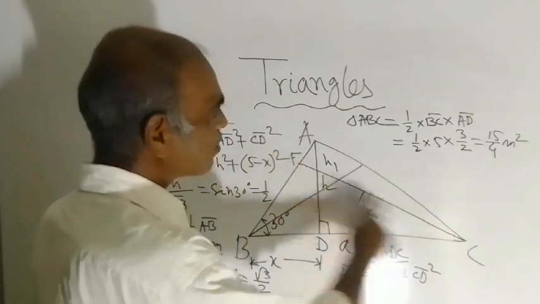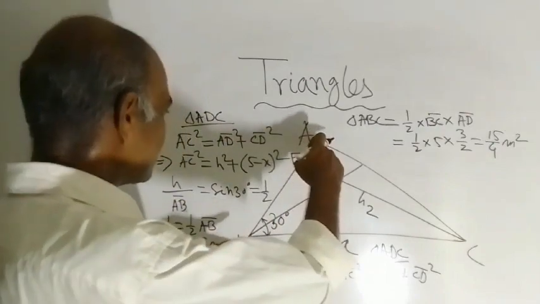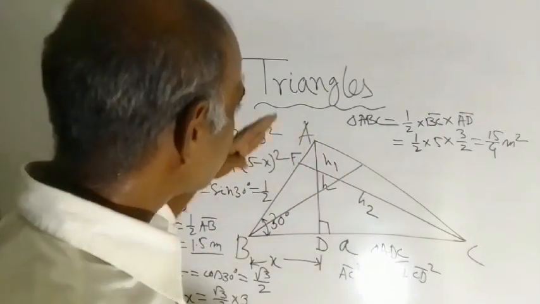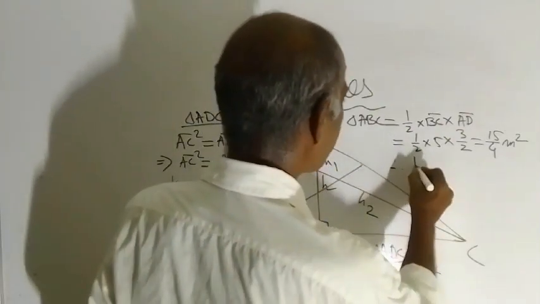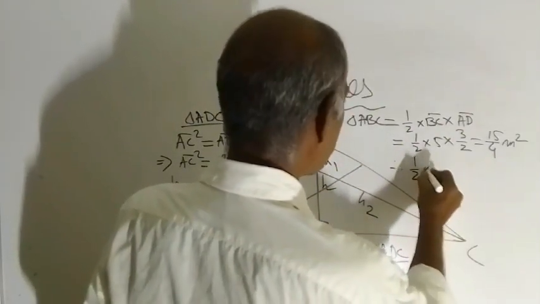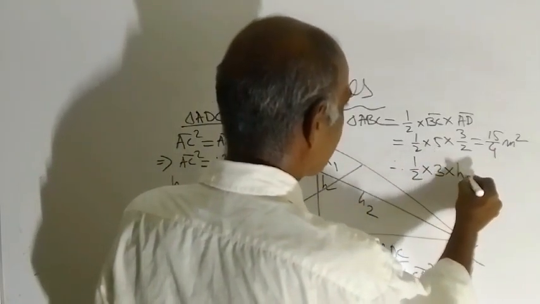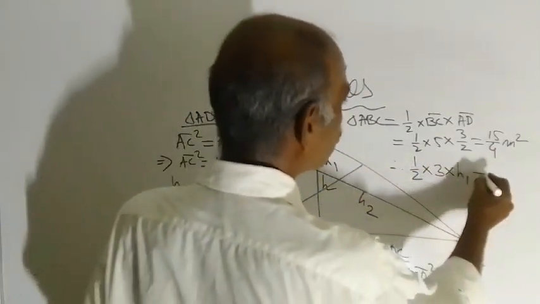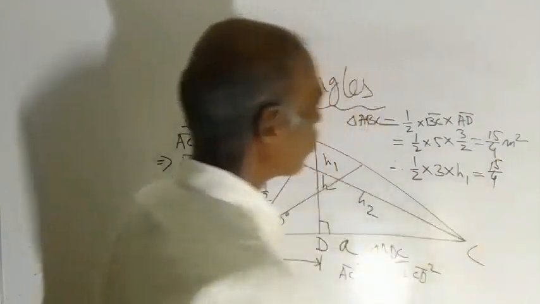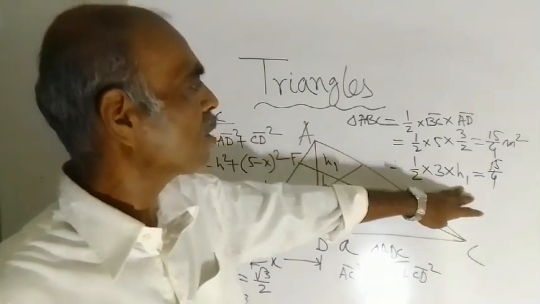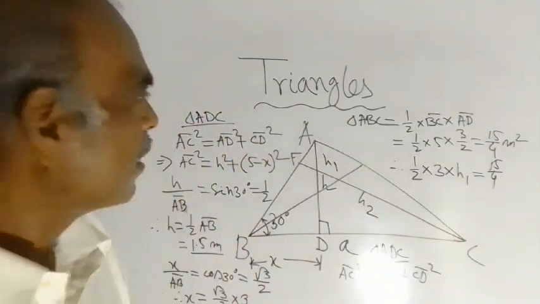Then considering AB as the base, half base into this H1. The base is AB, that is 3 meters, and height is H1, and that is equal to the area of the triangle, which is 15 by 4. Right? So from here you can easily find H1.